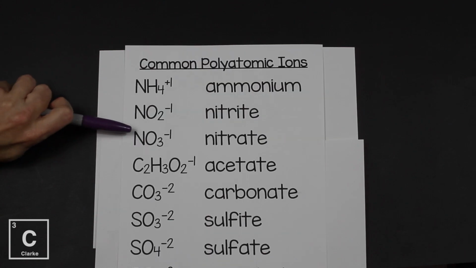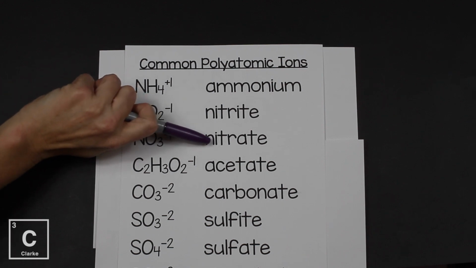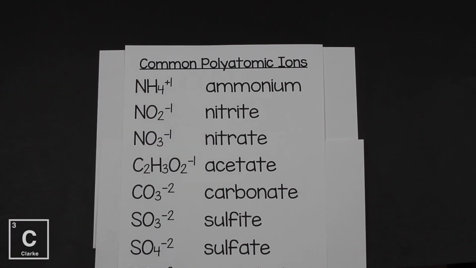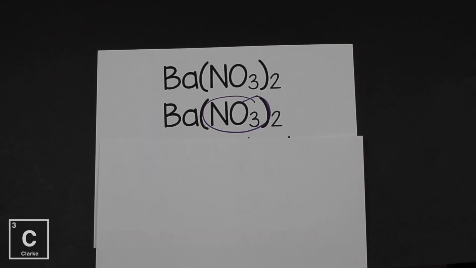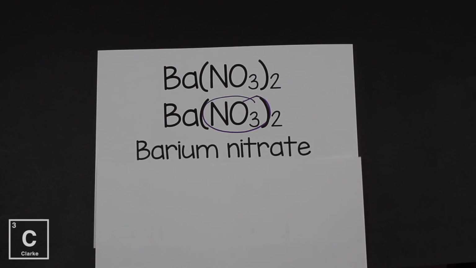NO3 is nitrate. We're just going to leave that name as it is. You do not rearrange the names of polyatomic ions. You always leave them as they are. So Ba(NO3)2, Ba is barium, NO3 is nitrate. And that's all there is to the name, barium nitrate.